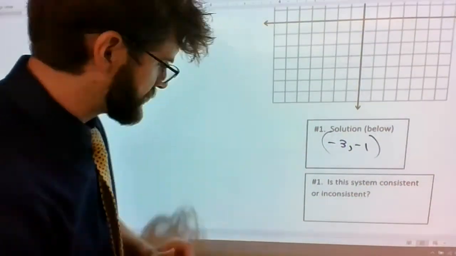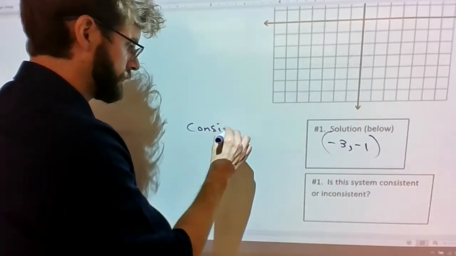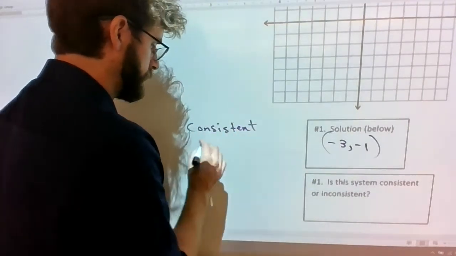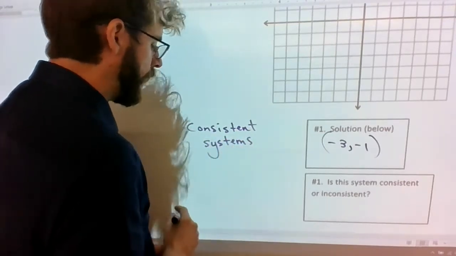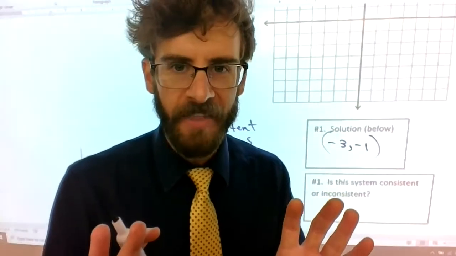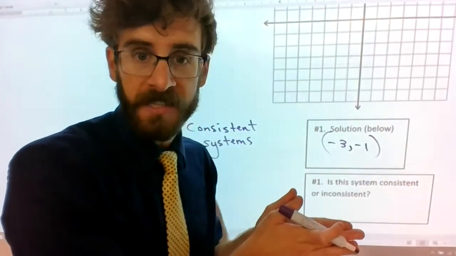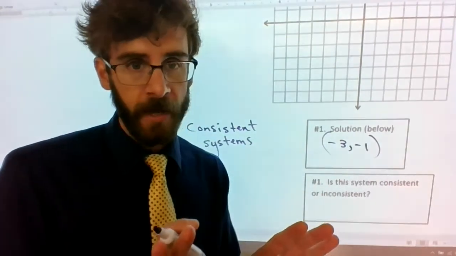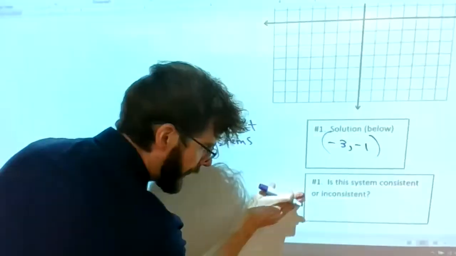Consistent systems. Oh, you know what? I'm going to hold off on that. I'm going to solve all 4 of my notes examples, and then I'll go back and talk about consistent versus inconsistent. Okay? I think that'll actually work out a lot better. Number 2. We're coming back to you.